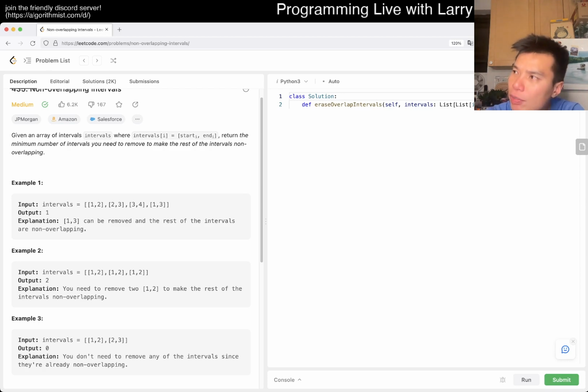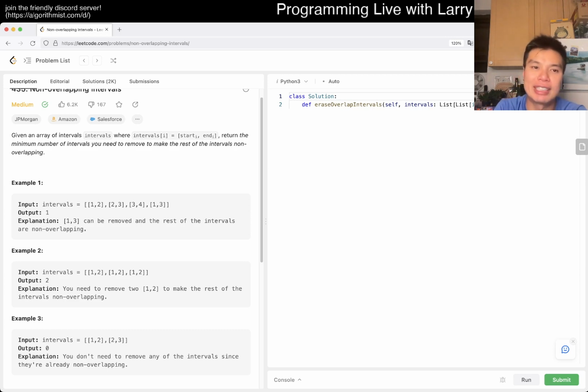Well, the thing is that this is one dimension, right? Because this is one dimension, it means that there is some sort of a forcing function.